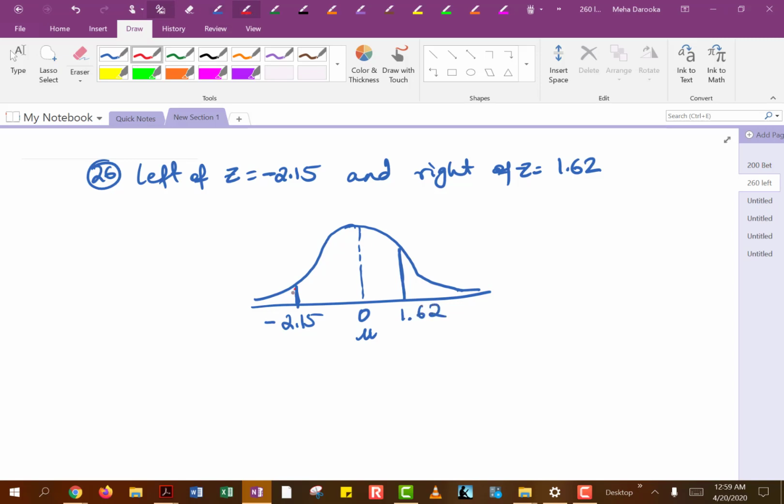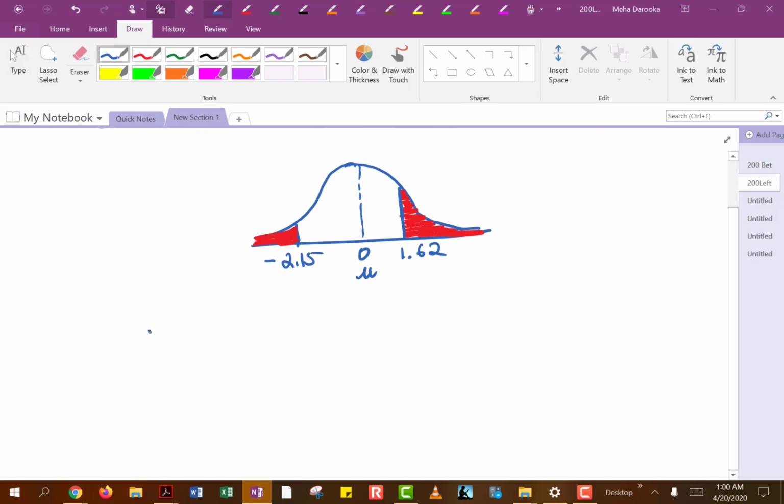Okay, so they want to know the total area, which will be to the left, so this little part here of negative 2.15, and then to the right of 1.62. Now, let's see what each of these calculations would look like. Since we are doing to the left of negative 2.15, we will just look at the table directly and get that answer. But when we do it for the right of 1.62, remember we'll have to do 1 minus that area so we can get that little tail portion, which is going to be to the right of 1.62.